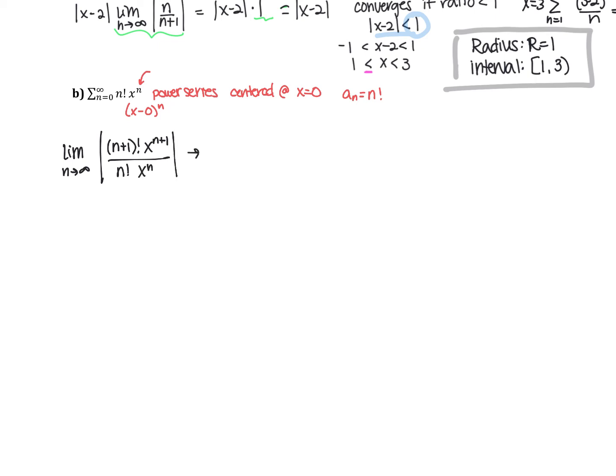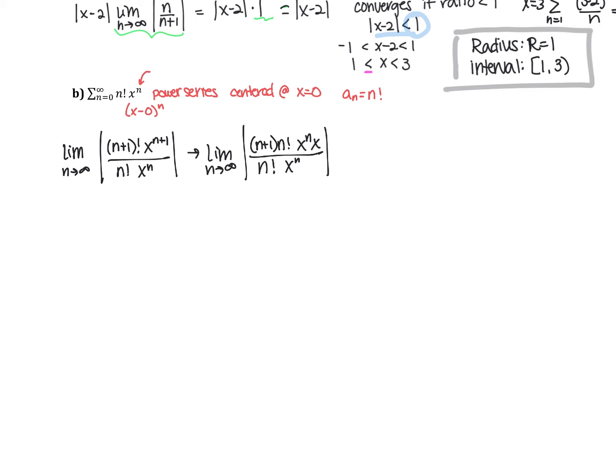And we can simplify this just a little bit. So we've got the limit as n approaches infinity. This would be n plus 1 times n factorial, x to the n, x to the first, over n factorial, x to the n.